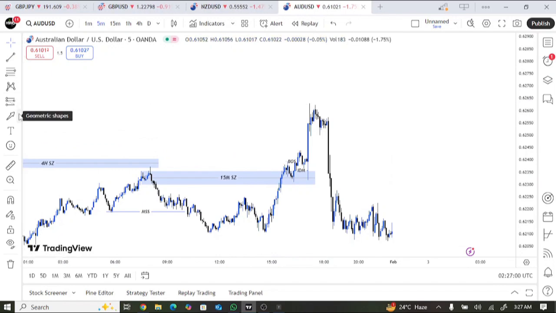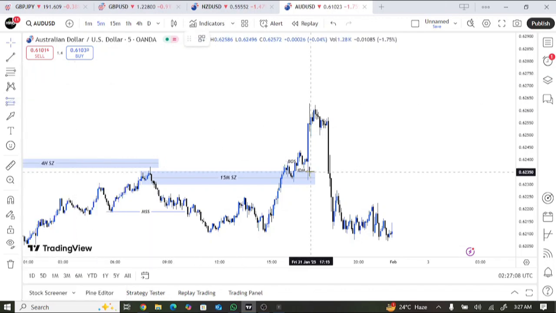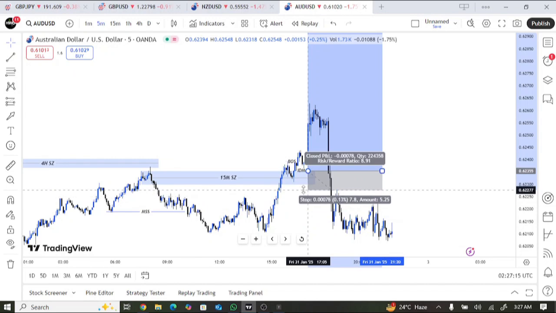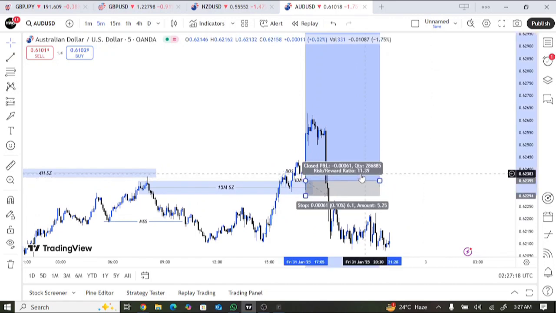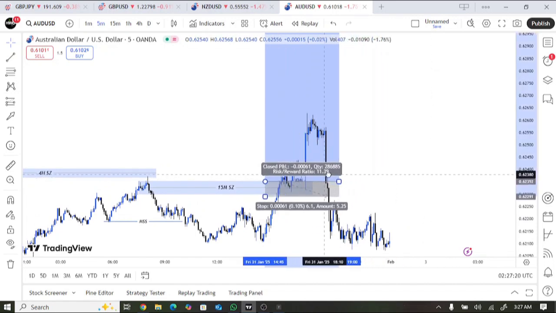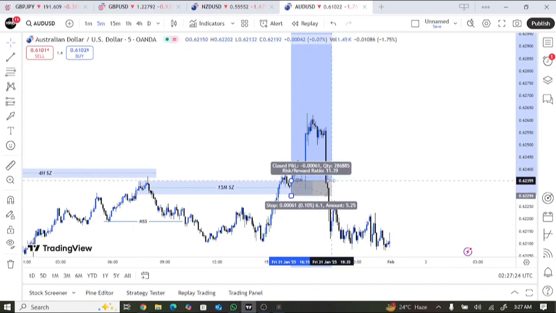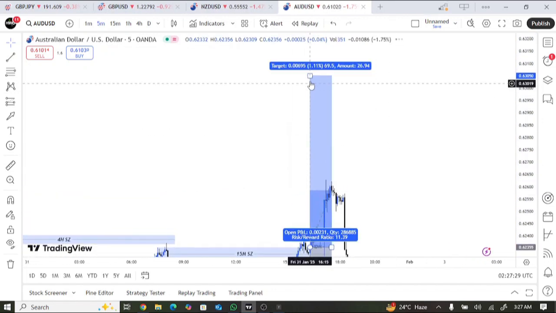So I then targeted 1:4 risk to reward ratio. Okay, I'm not going to draw this thing, just hold.